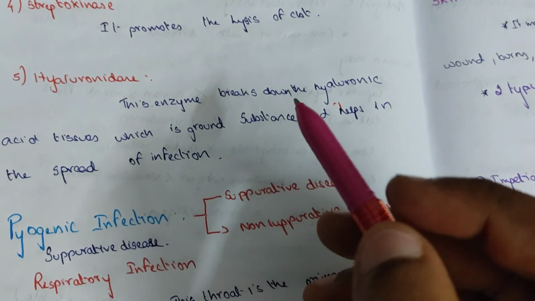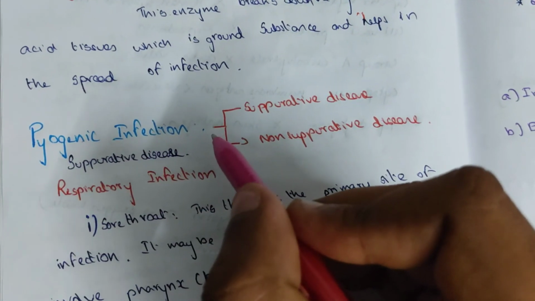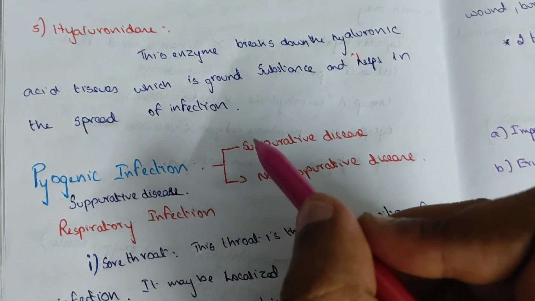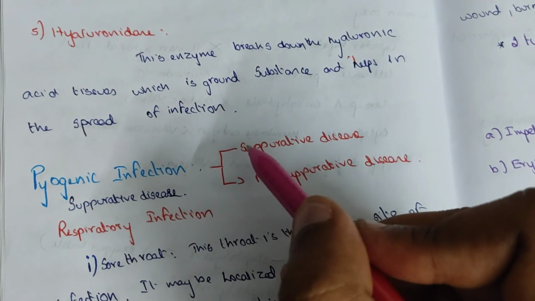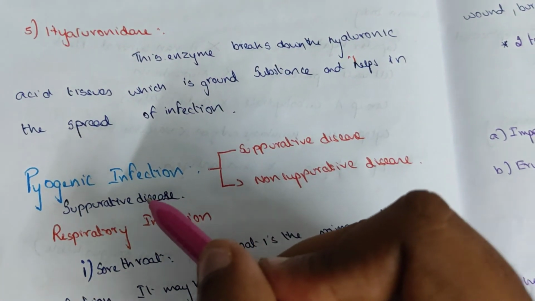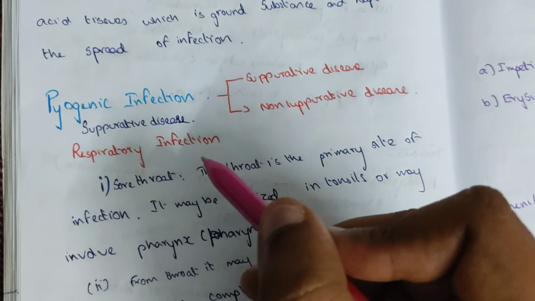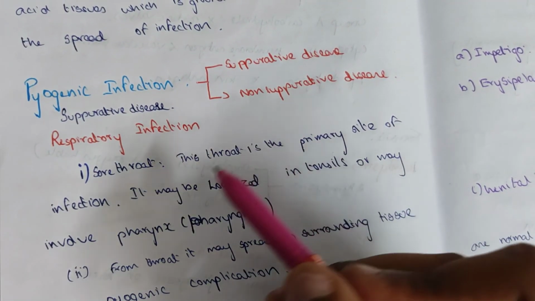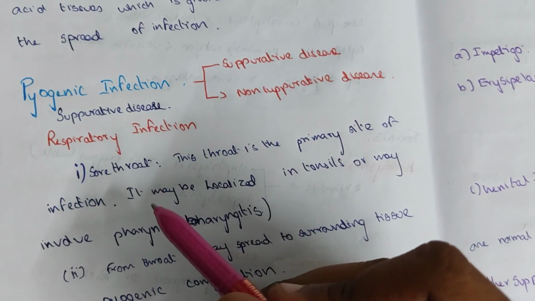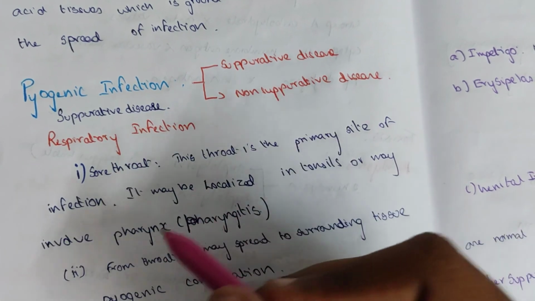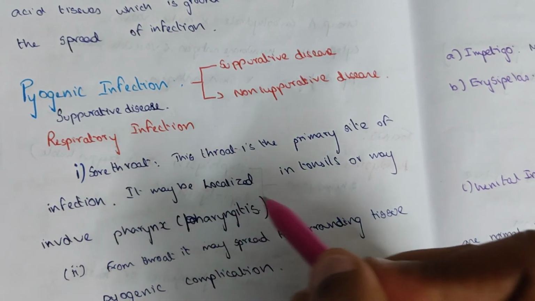Pyogenic infection is divided into two types: suppurative disease and non-suppurative disease. Suppurative disease: respiratory infection. The throat is the primary site of infection, and it may localize into the tonsils and involve the pharynx, causing pharyngitis.